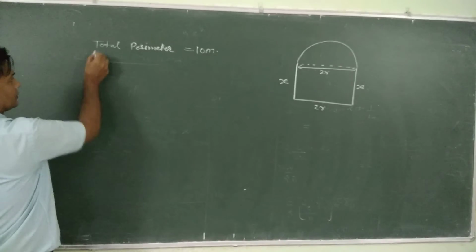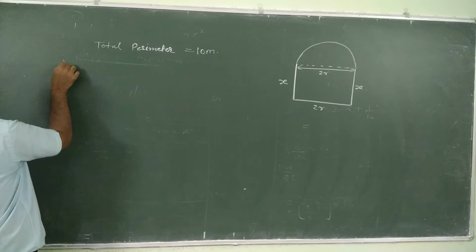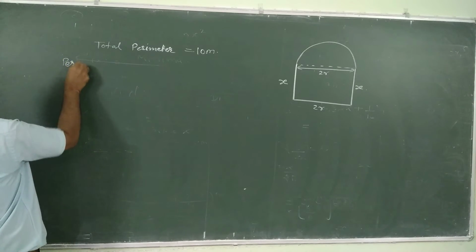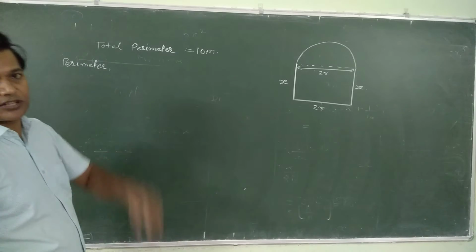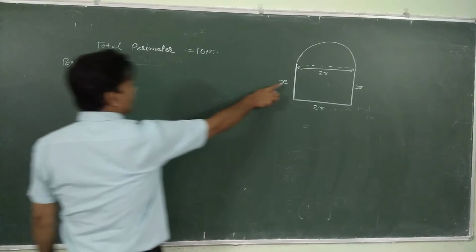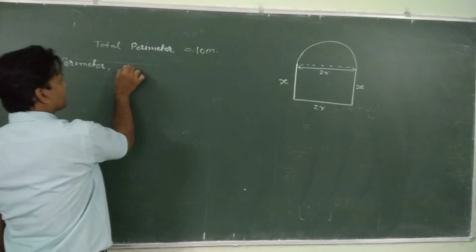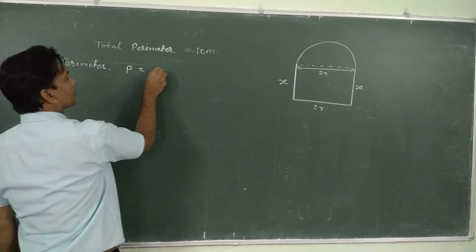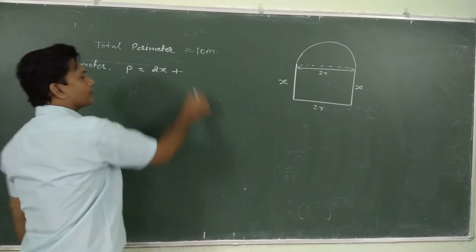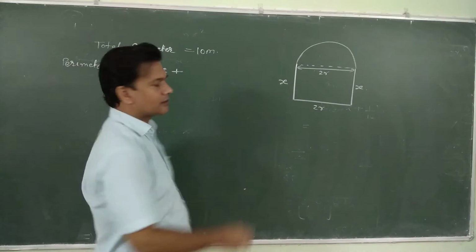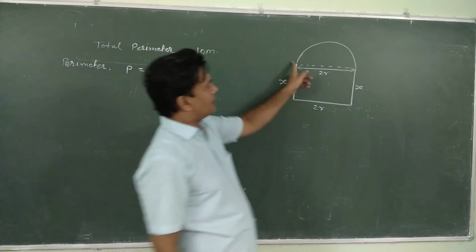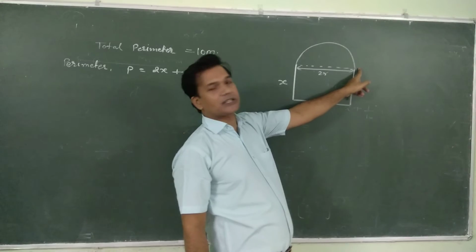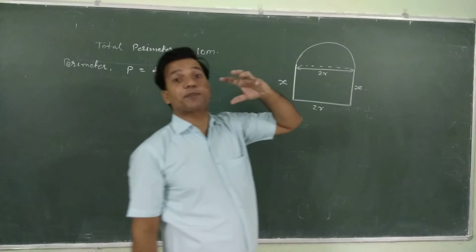So now the perimeter of this window is given by x plus x, 2x, plus 2r, plus the circumference of this semicircle, which is pi r.